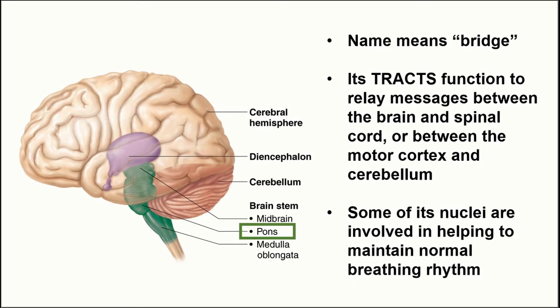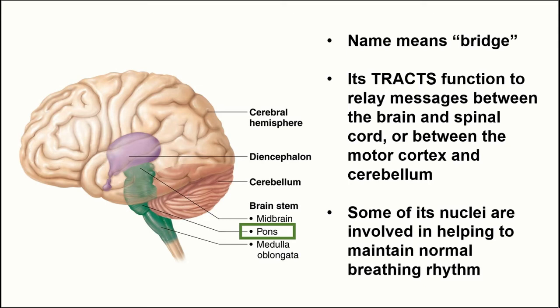This name suits its function pretty well, because the pons is mostly made up of neuron axon tracts, and these tracts carry messages between the brain and the spinal cord, or between the motor cortex of the cerebrum and the cerebellum.